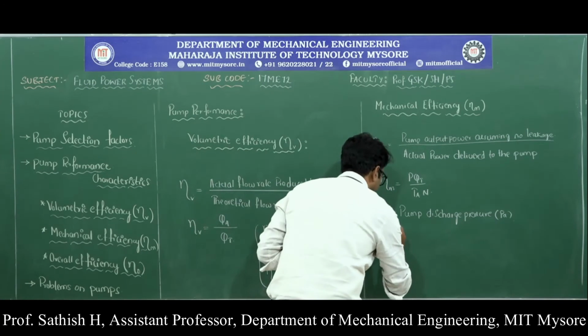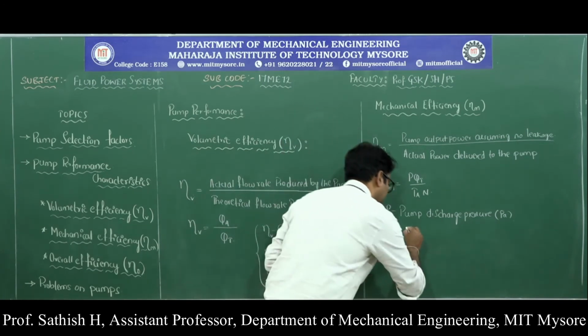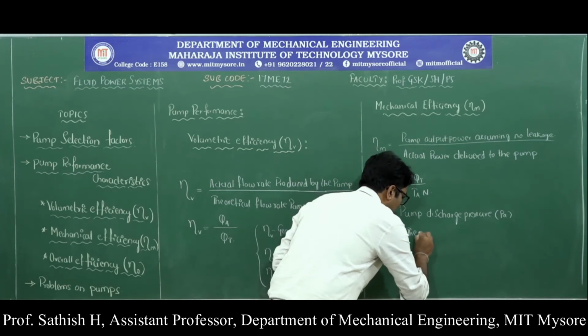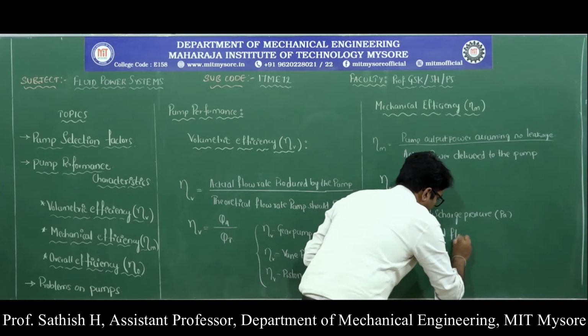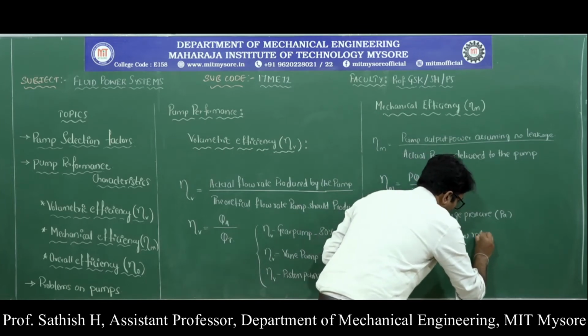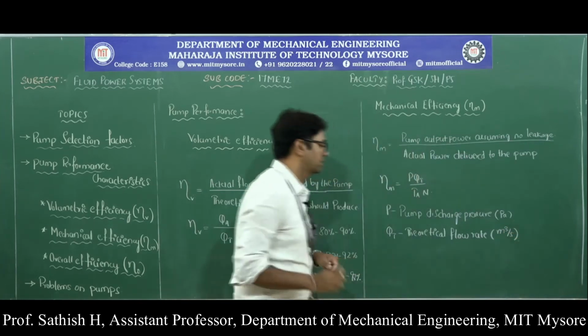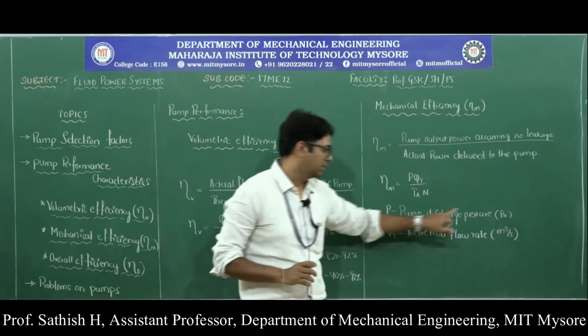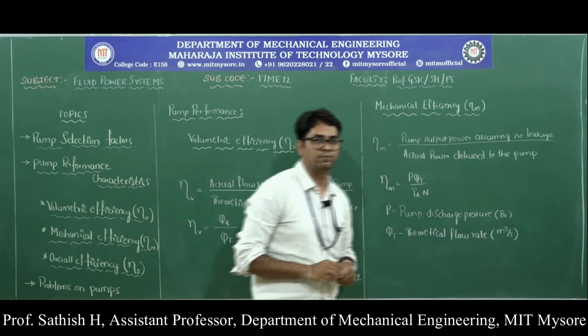And then we have Qt, the theoretical flow rate, that is given in terms of meter cubed per second. So P is pump discharge pressure, units are pascals, and Qt is theoretical flow rate, in meter cubed per second.